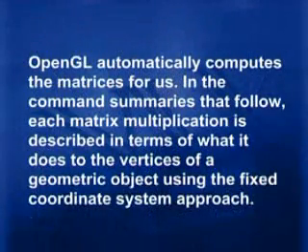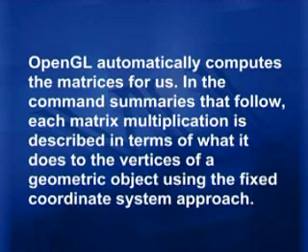But if all those things are performed making use of one of the three routines appropriately, glRotate, glTranslate, or glScale, these routines perform the work more efficiently than physically setting up the matrices and then calling glMultMatrix to multiply them. So it is always preferable to make use of these built-in routines, glRotate, glTranslate, and glScale. OpenGL automatically computes the matrices for us.